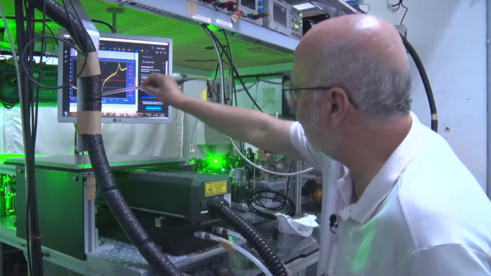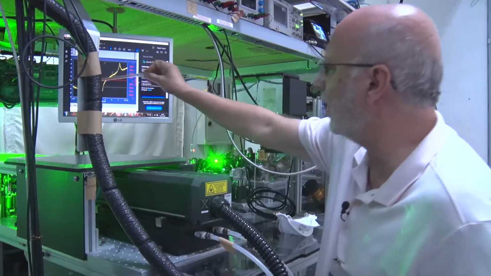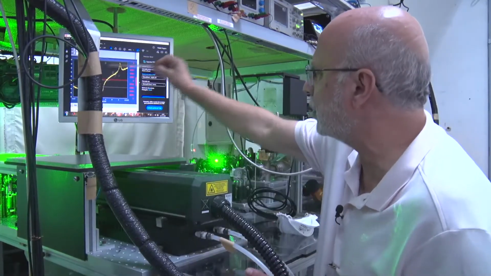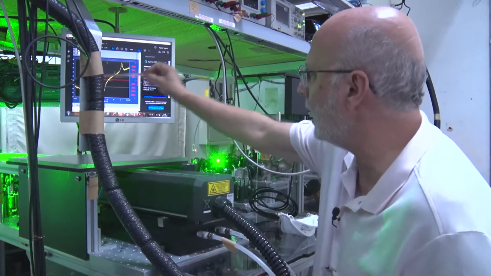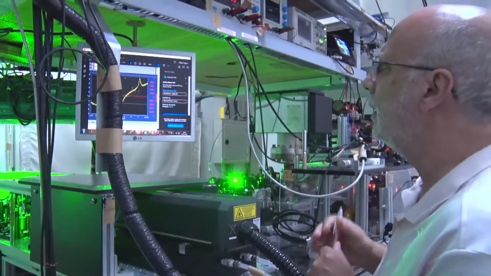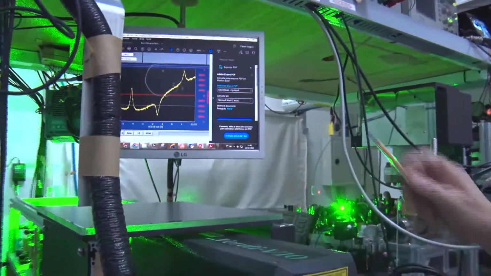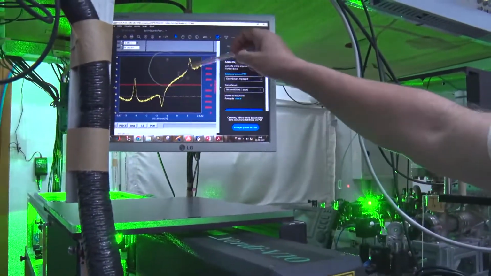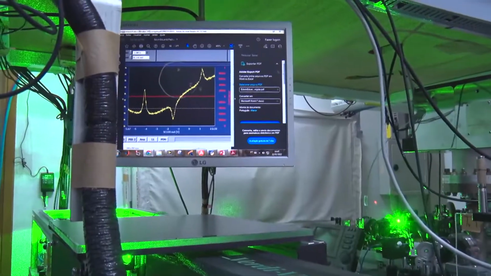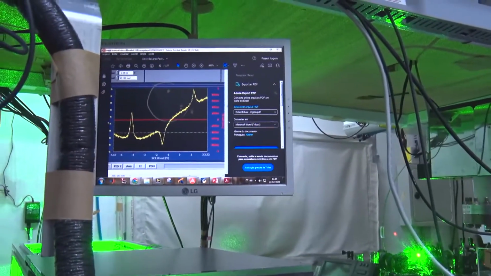So we see a big absorption, which is a big profile, but then when we get to the specific transition here, we see the two lines, the two P lines absorption, right? Then you see the two dips on the absorption due to this saturated absorption effect.